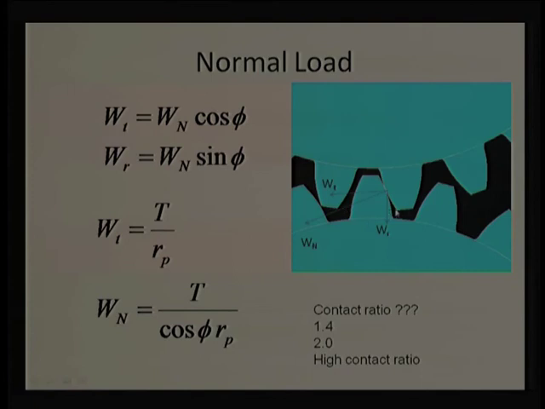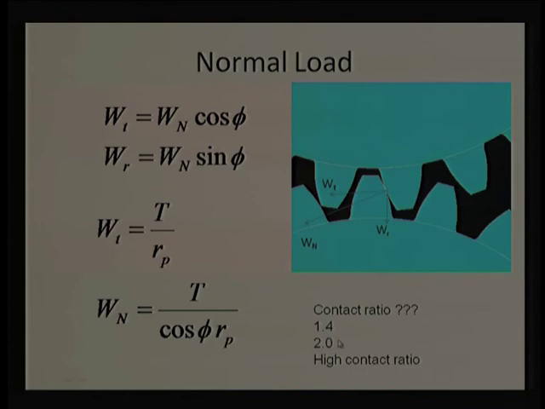We need to find out the load at the different points, because the sliding velocity is also going to change. So, if you want to find the power loss at the different points, we require the normal load at those points as well as the sliding speed, and that is why we require all these calculations. Here it is written contact ratio, with so many question marks. How to find this contact ratio may be a bigger expression we will try to figure out, but for spur gears this value mostly ranges from 1.4 to 1.7.